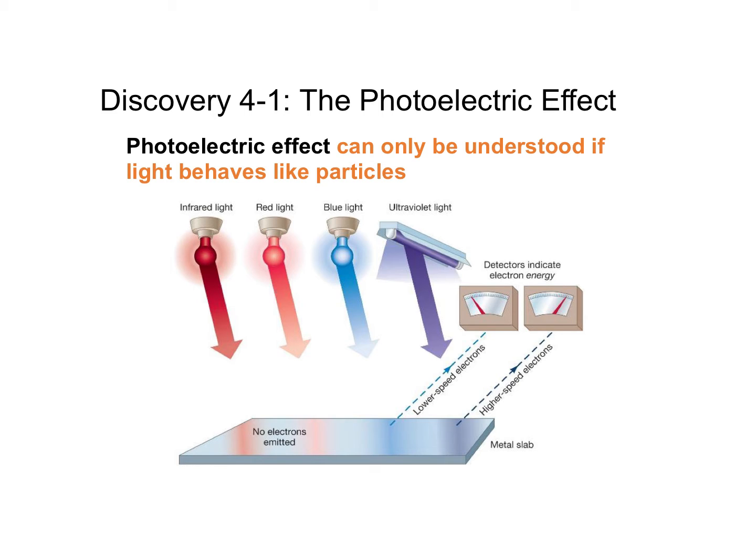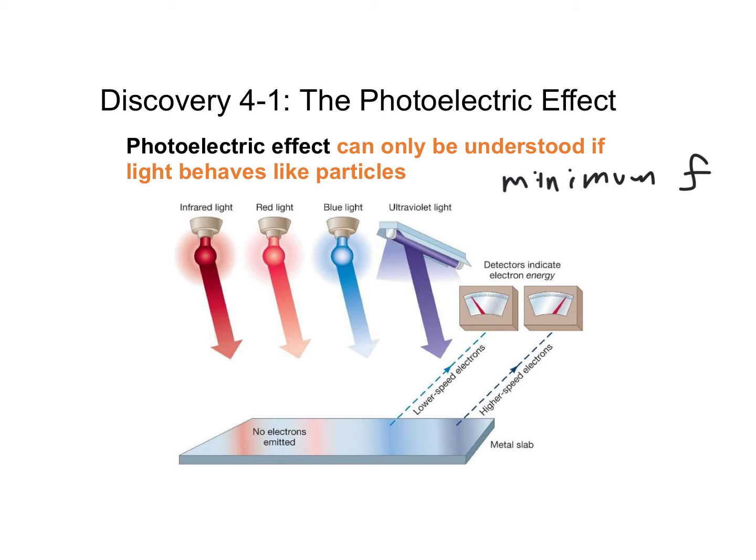The first thing is that there is a minimum frequency. Now, it doesn't matter how bright the light is. If the light is not of a particular frequency, no electrons are going to flow in that metal. So that's kind of weird, right?